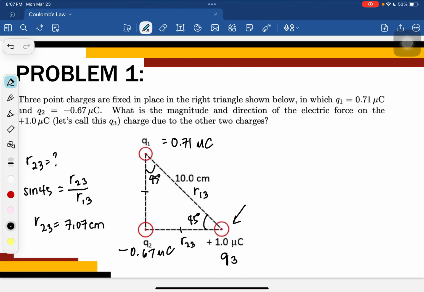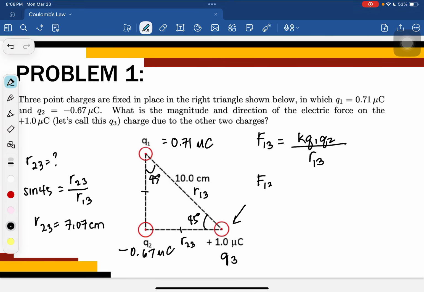And as I've said, there will be 2 forces, 1 on 3 and 2 on 3. Let's just solve them using Coulomb's law. So that's F, I said 1 on 3. That's K, Q1, Q3 all over R13 squared. Let's just be consistent.